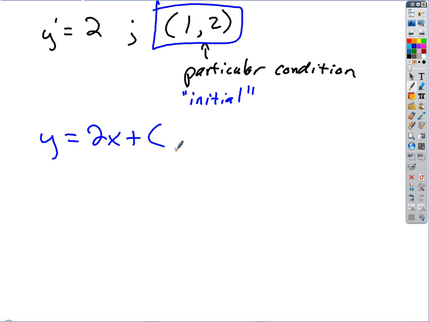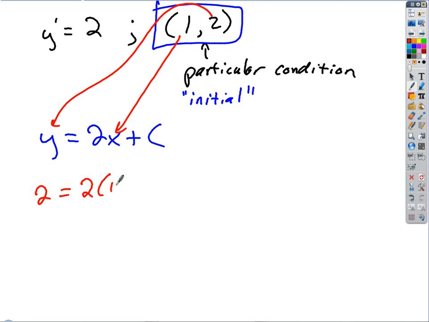Yeah, I'm just going to plug in the numbers for x and y, aren't I? Right? I'm just going to plug in 1 for x and 2 for y and get 2 equals 2 times 1 plus c. And if I solve for c, what do I get? Okay, makes sense?